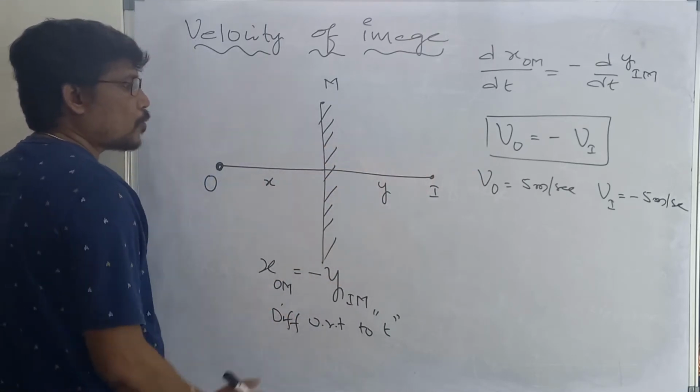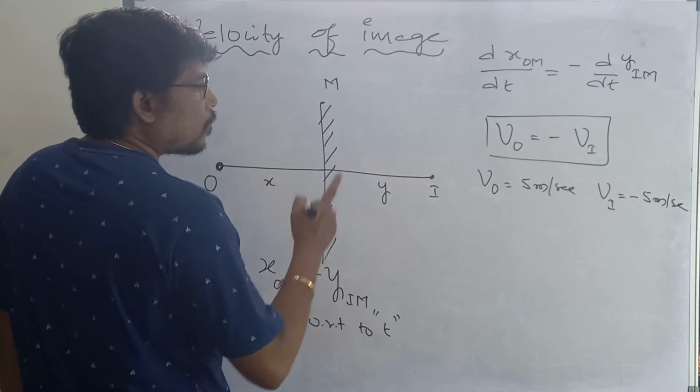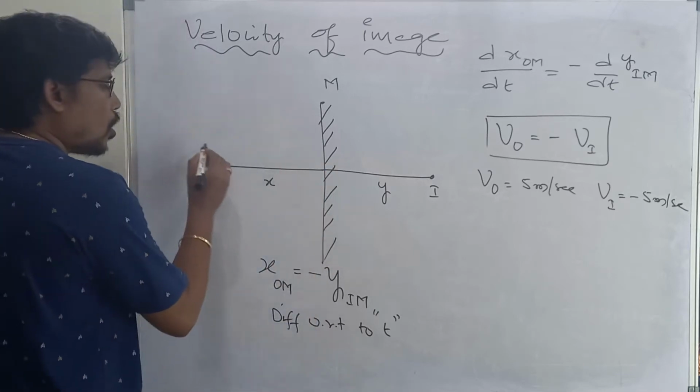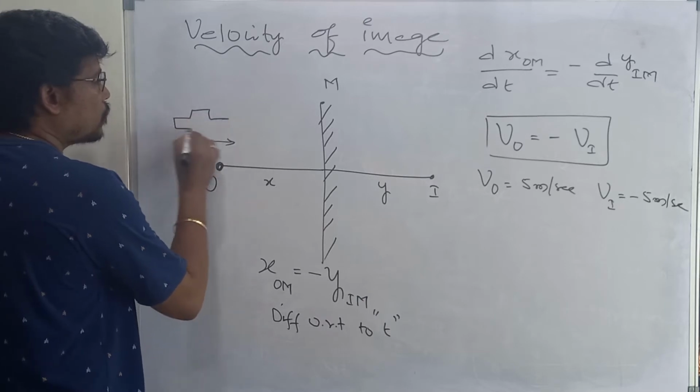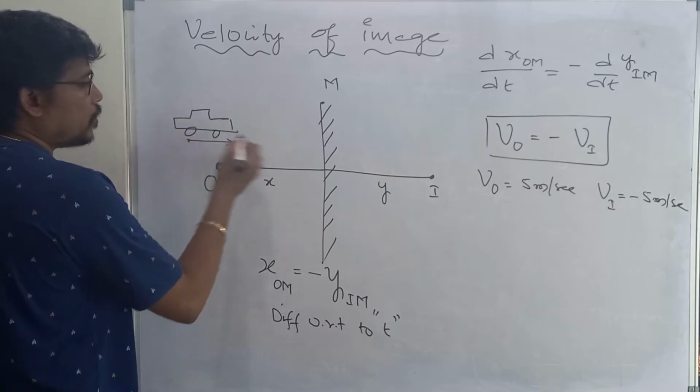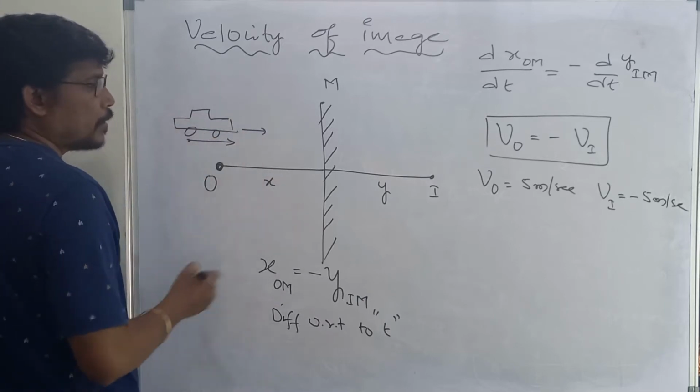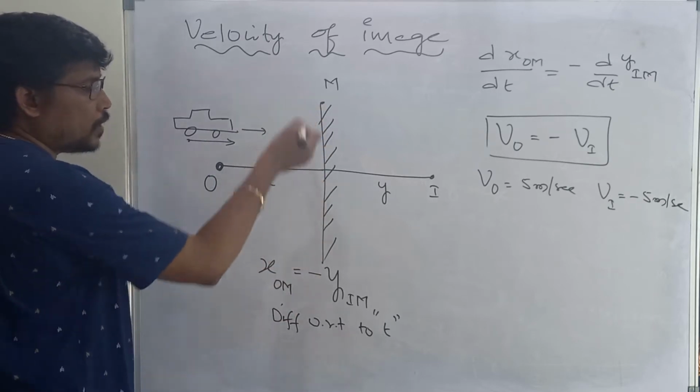Now suppose a car is the object, and this car is moving towards the mirror, that means perpendicular to the plane of the mirror.